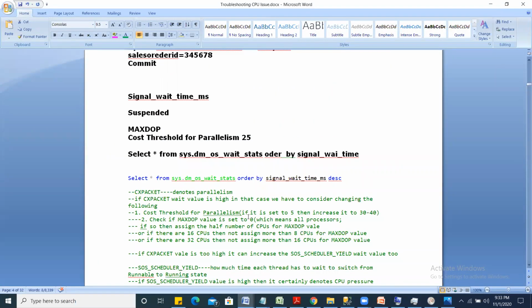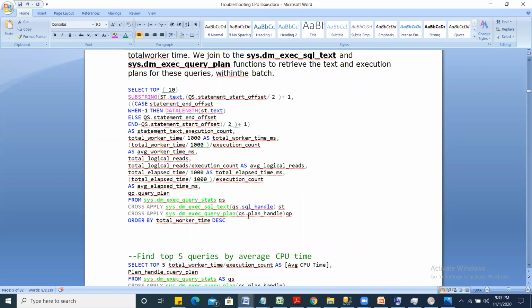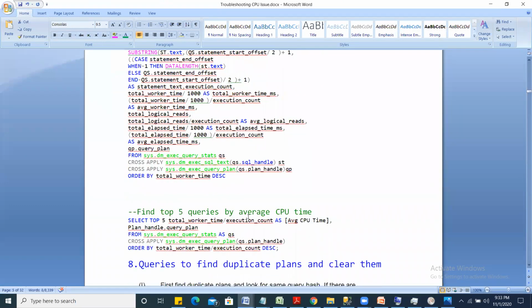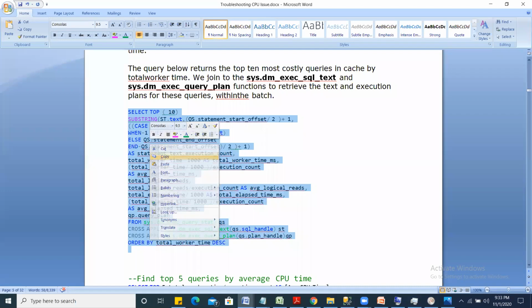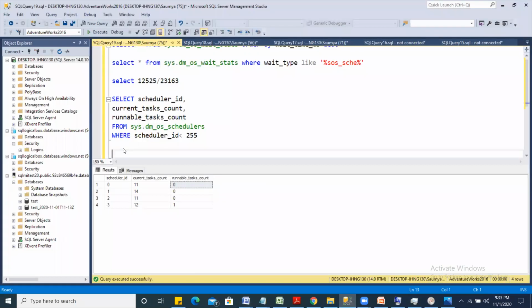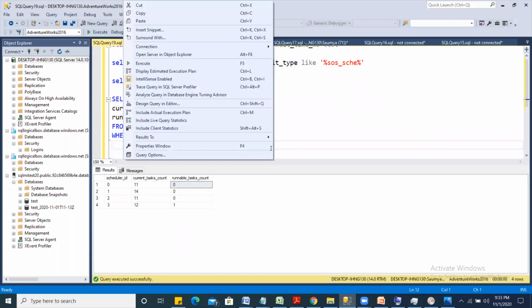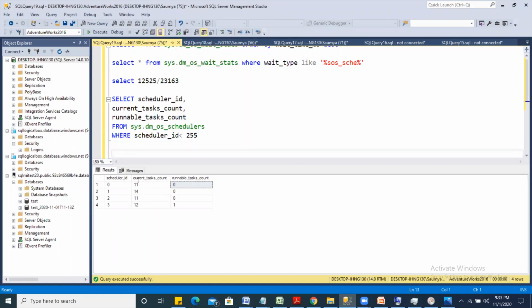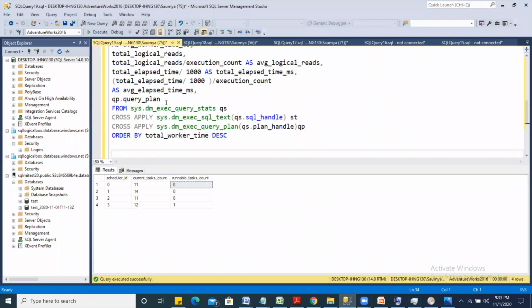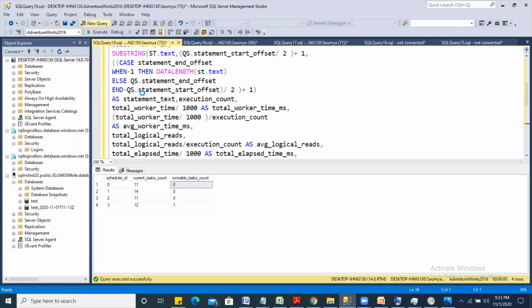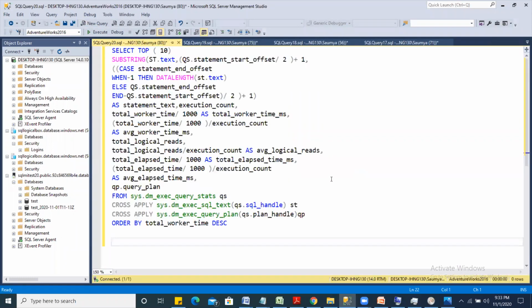Then your next task is to find the queries by total worker time. So what is total worker time? Anybody has an idea? Worker time is when the query was assigned to a worker, then under that worker, how much time it took to execute, right? That is your total worker time. So total worker time denotes the core execution time of a query.